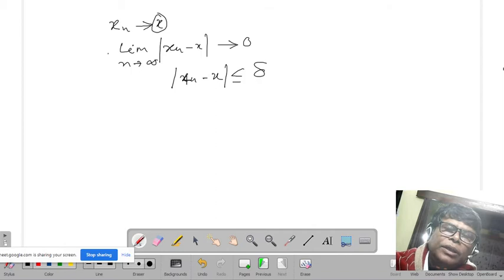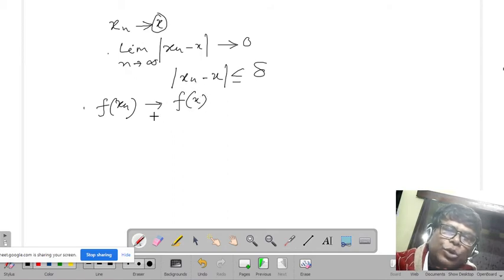So this xn is approaching x without any bound. Now the difference between xn and x is nothing but the usual metric in the real number space. Then there is another one in studying limits: if some function fn tends to f(x), that means the sequence of functions is converging to f(x).